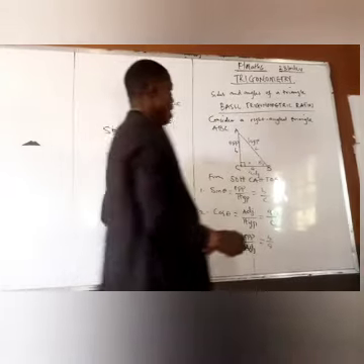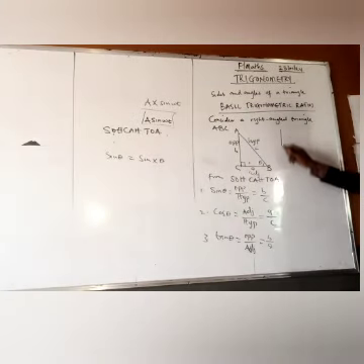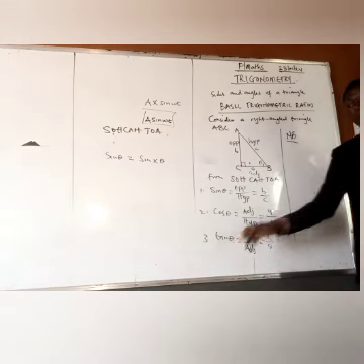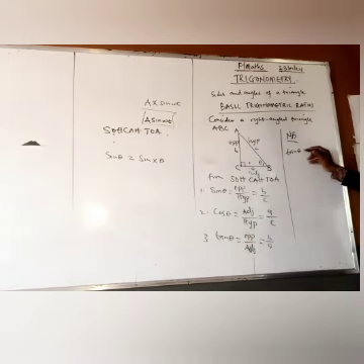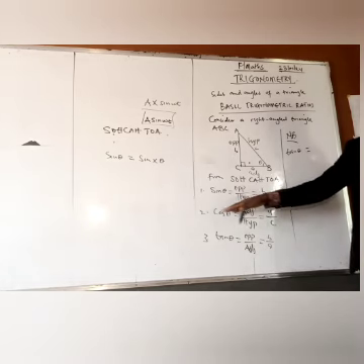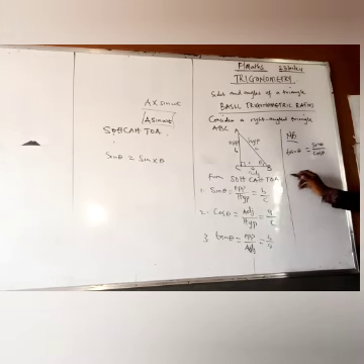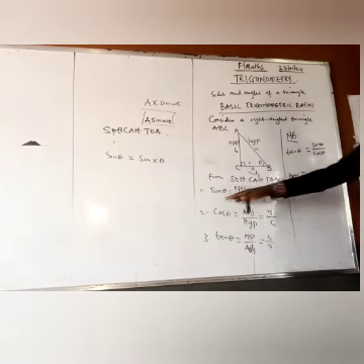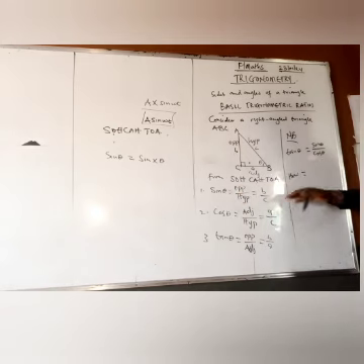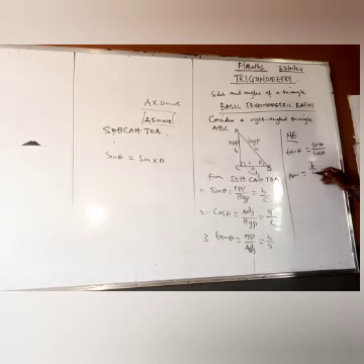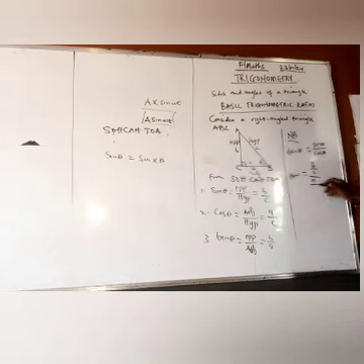Now, I want you to note that this tan theta can also be defined as the ratio of sine and cosine. Sine theta over what? Cos theta. How can it be defined as this? Let's check. If sine theta is b over c and cos theta is a over c, we can write this as b over c over a over c.